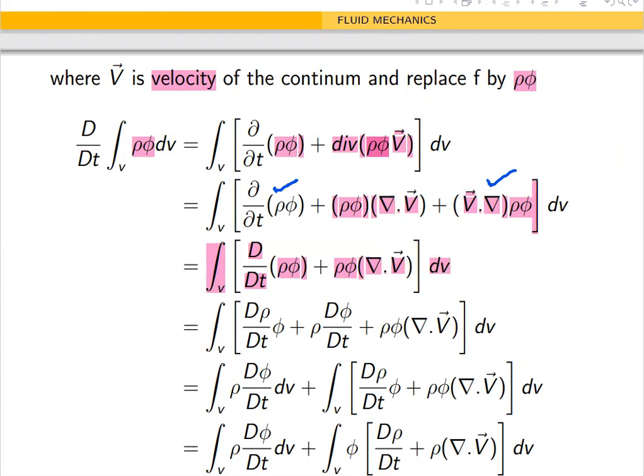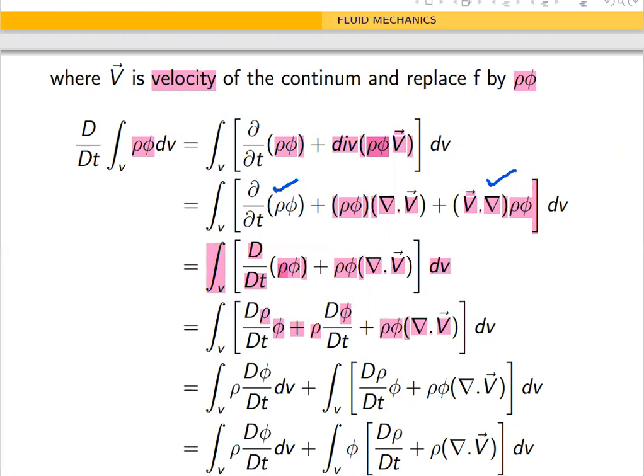That is equal to, in the next step, capital D by dt of a product: differential of the first one, with the second function phi as it is, plus rho as it is, differential of phi, plus rho phi divergence v as it is.